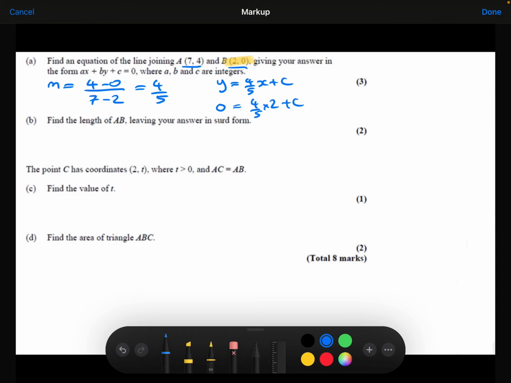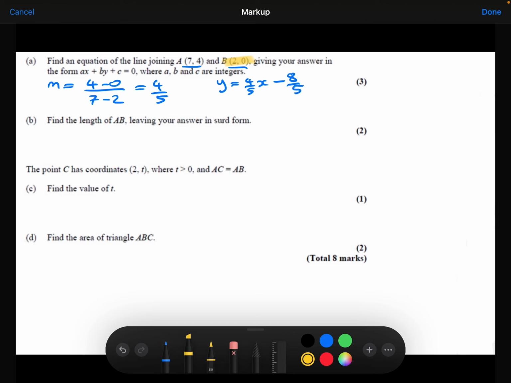So 4/5 times 2 is 8/5, or 8 over 5. Take the 8 over 5 away from both sides and we find that c is going to be minus 8 over 5. So that's the equation of my line.